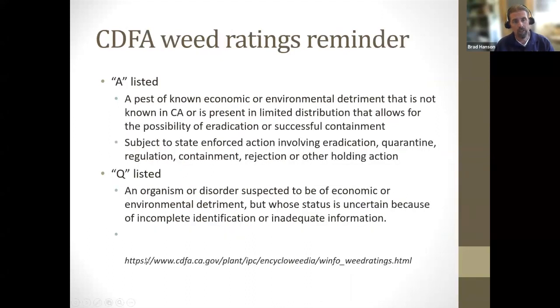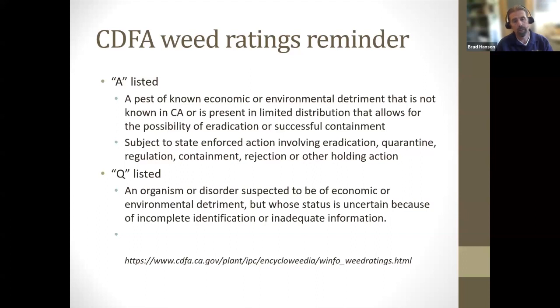So I mentioned A-listed and Q-listed. For the A-listed pests, I've got the definition from the CDFA website, but essentially these are pests that are subject to strict quarantine and oftentimes eradication efforts because they're new pests. So we're trying to keep them under control, containing them and eradicating where possible.